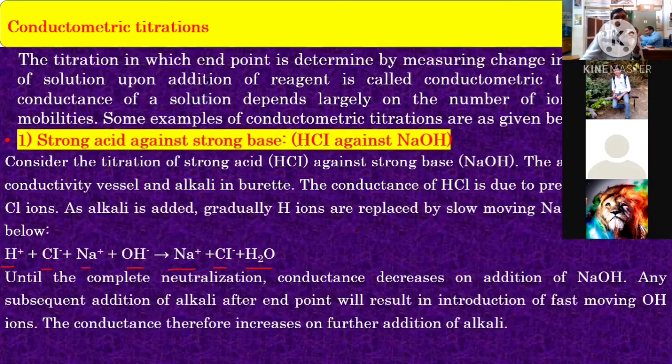If you take HCl in a beaker and add some amount of strong base, that is NaOH, with the help of a burette, then what happens in this case?